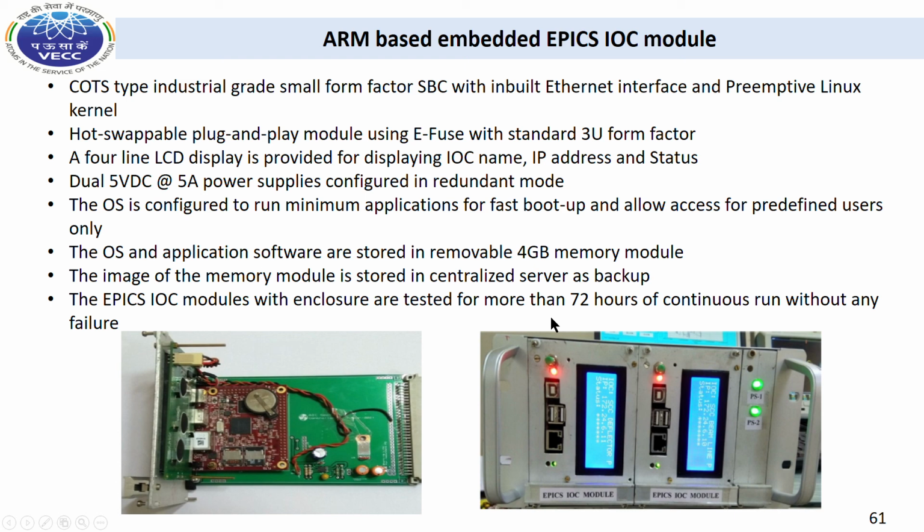It uses a commercially available off-the-shelf SBC of industrial grade. It has a very small form factor, an inbuilt Ethernet interface, and a preemptive Linux kernel. One of the most advantageous things is that it has a dual redundant power supply.